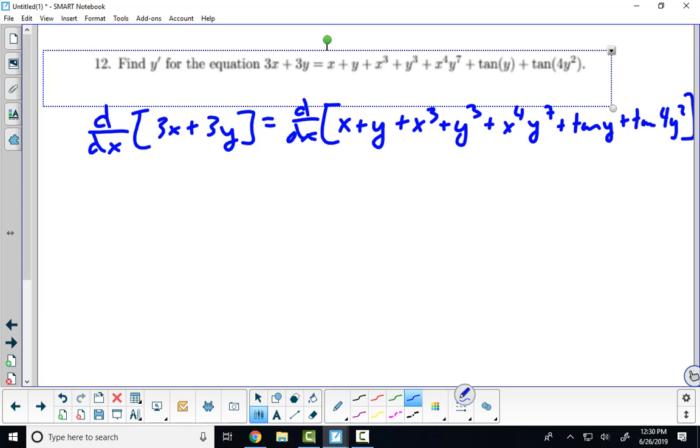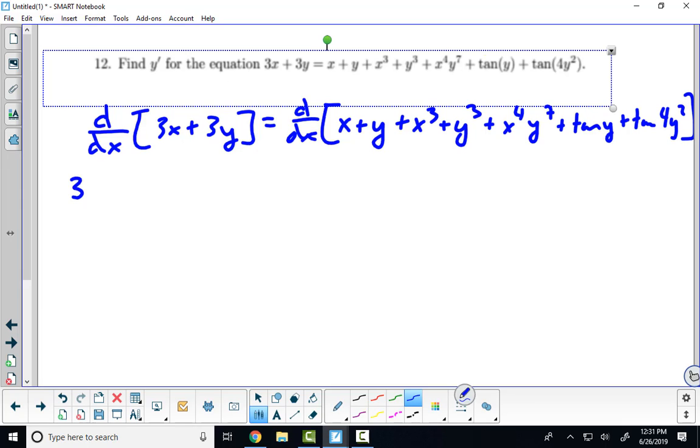We're taking the derivative with respect to what variable? X. So what is the derivative of 3x, folks? It is just 3. Nothing new. What is y? Y is some function involving x. I don't know what y is, because I couldn't solve this for y.